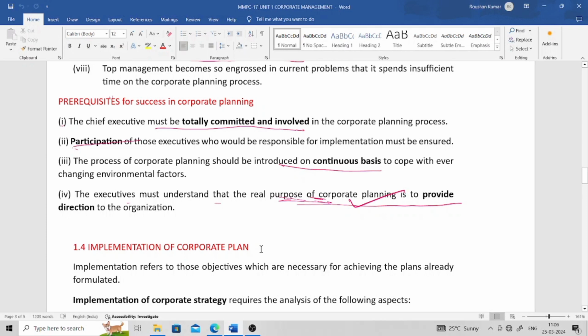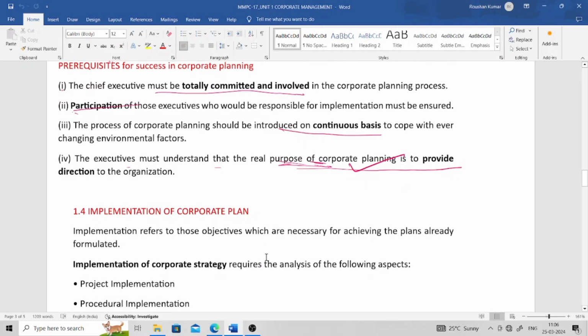If you haven't watched the first half, you can go to the playlist for MMPC 17, and there you will get unit 1.1. Now this session is going to be unit 1.2.